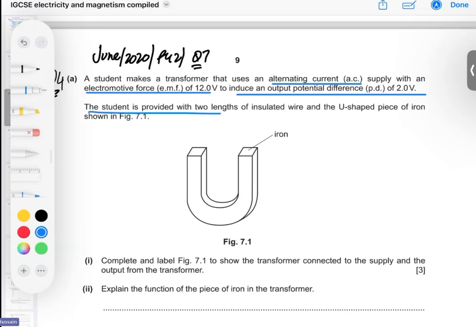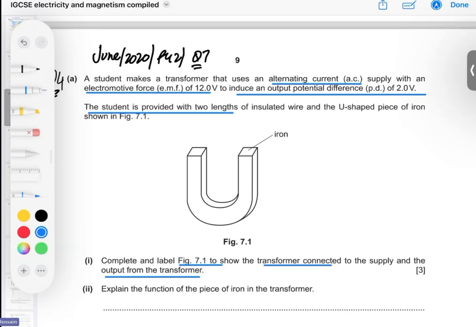The student is provided with two lengths of insulated wire and a U-shaped piece of iron shown. Complete and label figure 7.1 to show the transformer connected to the supply and the output from the transformer. So what have you drawn?